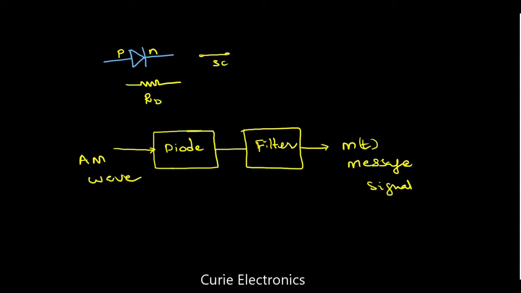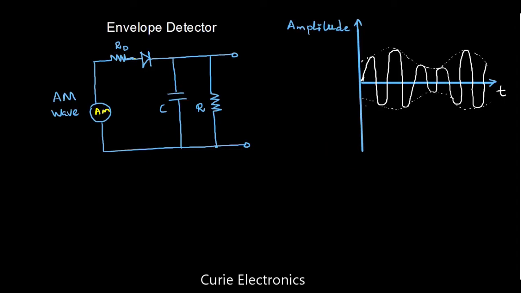Now we understood the basics of it. Now we will see how the envelope detector circuit works. We are applying the AM wave here. This is the P region of the diode and this is the N region of the diode.